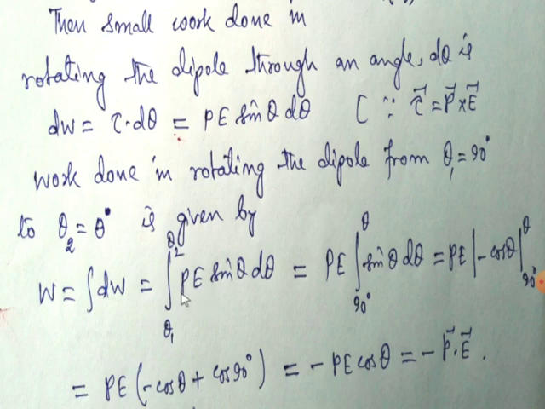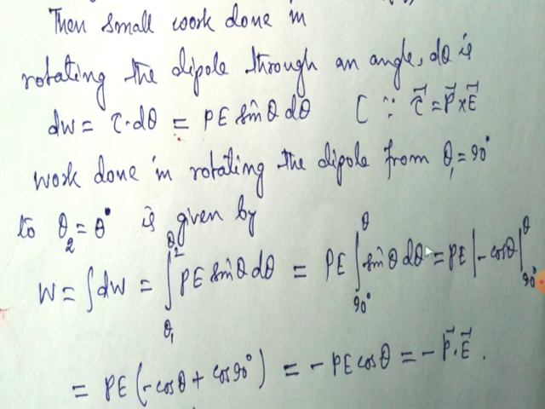PE is a constant quantity: as long as you are not changing the dipole, the dipole moment remains the same, and as long as you are not changing the external field, E is also constant. So take P and E outside the integration. Then the integration of sine theta d theta, from theta equal to 90 degrees to theta.